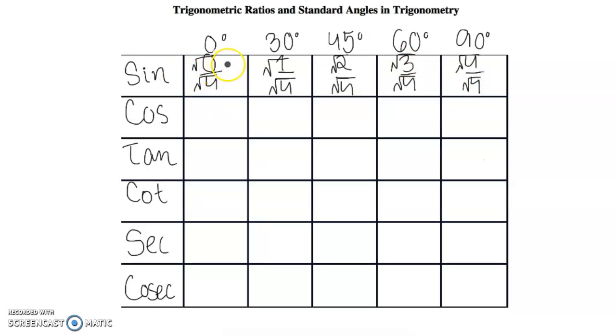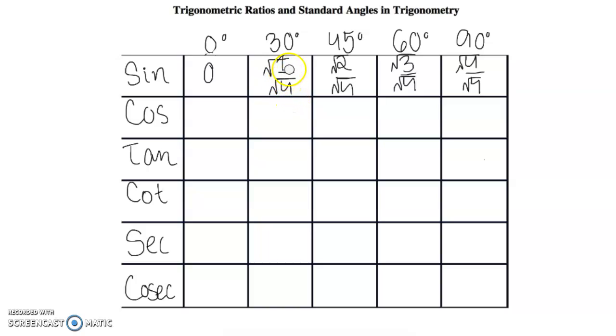Root 0, for sin 0 theta, we know that root 0 is equal to 0 and root 4 is equal to 2. So, our answer for sin 0 theta is 0 over 2, or 0, because when 0 is divided by any number, that fraction will equal 0.